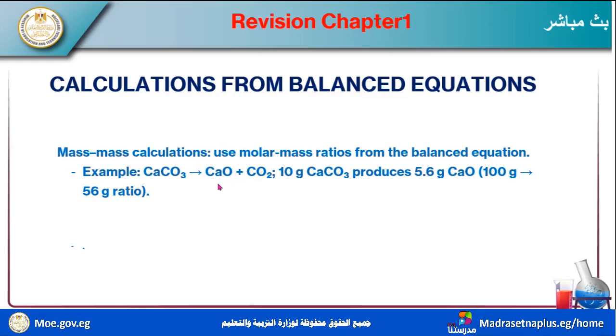CaO equals 56. Carbon dioxide equals 44. Now you apply this to the mass of anything. 10 grams produces 5.6 gram CaO; 100 grams, 56 gram. This is the ratio of these products.